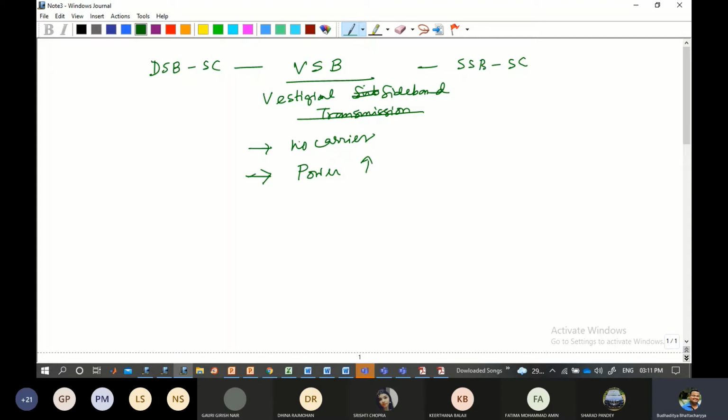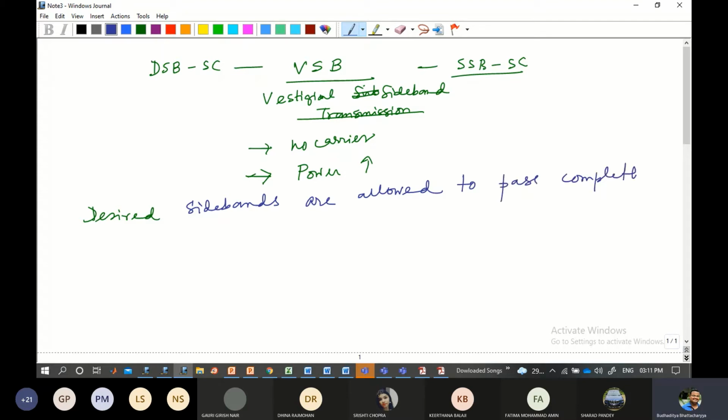The only and the most problematic scenario of SSB was the filtering action. Just now we had discussed that we will have issues with the high cutoff filter. So in order to avoid that, in vestigial sideband we usually mention that here the desired, I'll write it here, please make a note of it, because this is the fundamental of VSB. So the desired sideband, suppose it's an upper sideband or a lower sideband, as mentioned in SSB also, the desired sideband is allowed to pass completely.